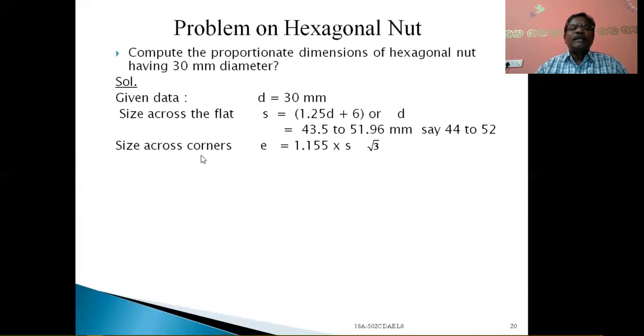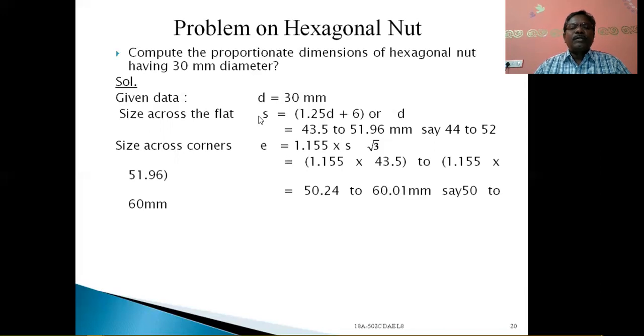And similarly, size across corners E is equal to 1.155 into S. S means size across flats. So its value is also more or less 50 to 60 mm.